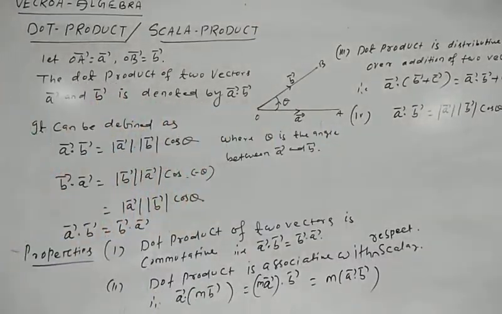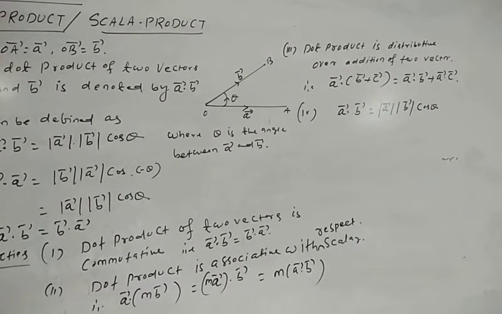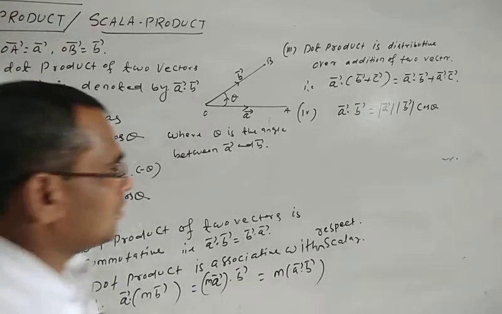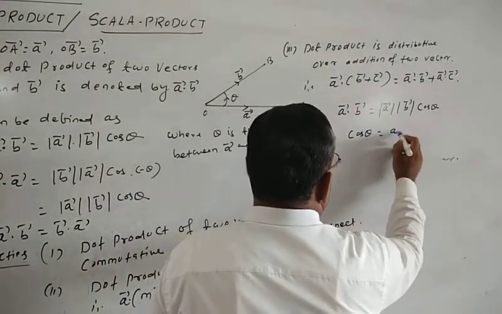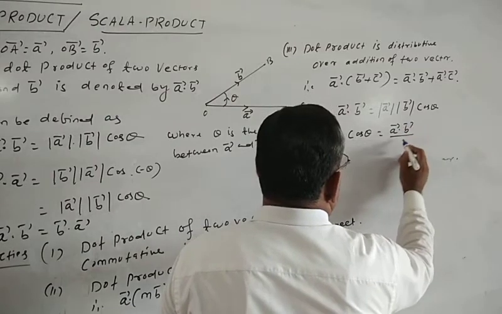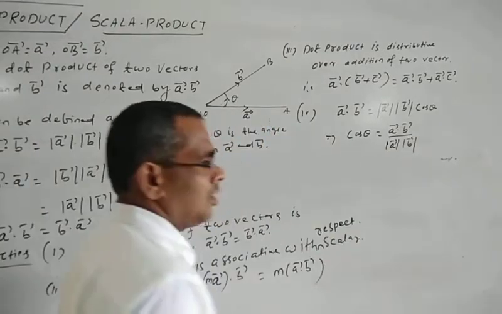That implies cos theta is equal to A vector dot B vector by A vector magnitude into B vector magnitude.